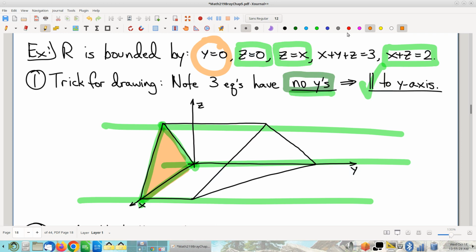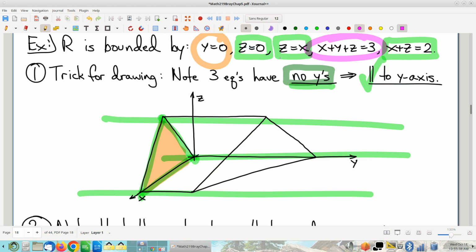And then let's see, now the hard one to draw, and this one's a little annoying, x plus y plus z. Okay, so that one is going to be something like that maybe. And now it is tricky and challenging to think through how this angled plane cuts through this prism.